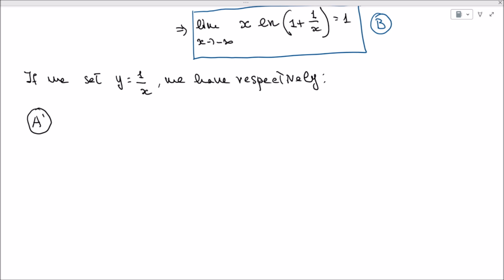And remember that if x goes to plus infinity, of course this implies that y tends to 0 plus.